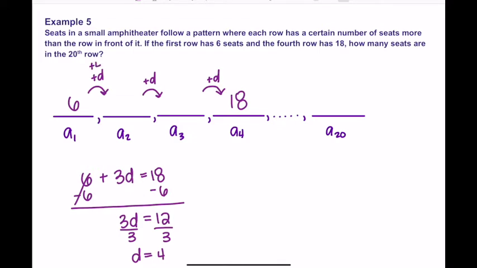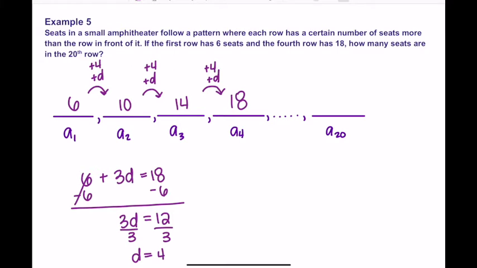So we're going to add 4 each time. All right, so row 2 would have 10 seats, row 3 would have 14, and that does land us at 18. So we can check that by just making sure that we are adding 4 and getting the correct numbers each time. Okay, now let's see how many seats would be in row 20.